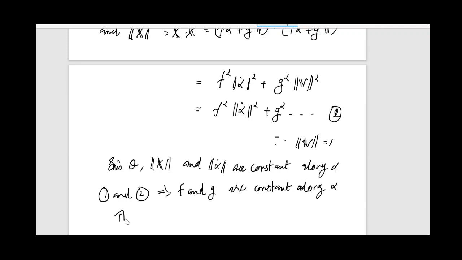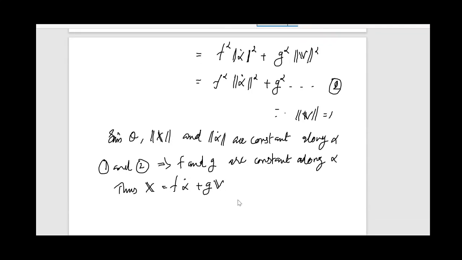Thus what you're having is x equal to f alpha dot plus g v, where f and g are constant along alpha.